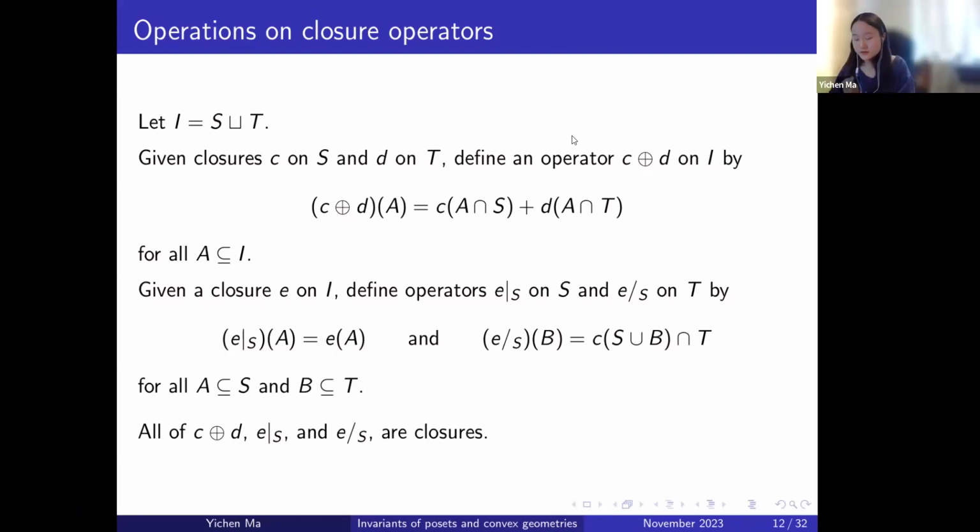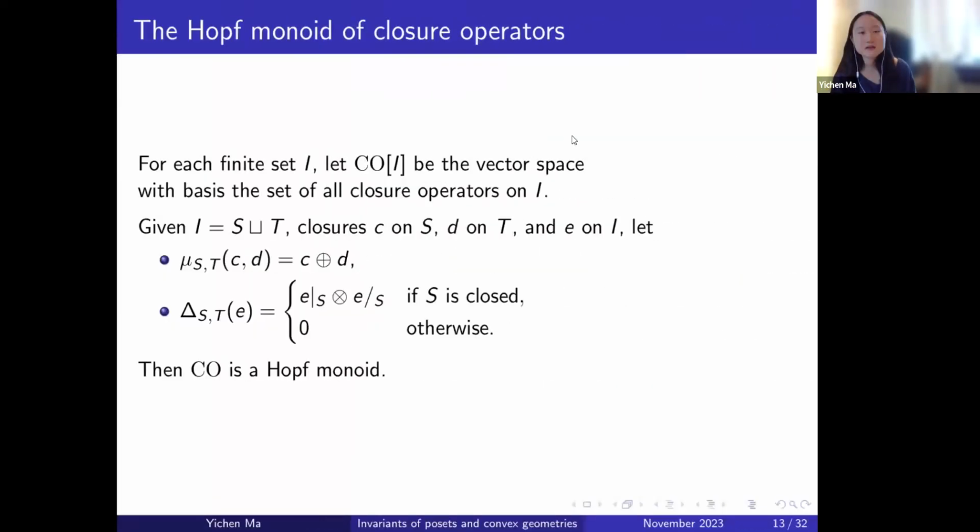Okay, good. So as I said, we have some new closure operators from the old ones, and it turns out we have a Hopf monoid of closure operators from the operations we introduced on the previous page.